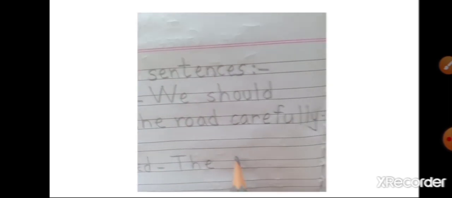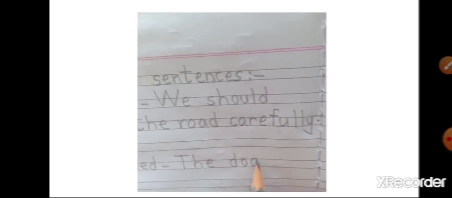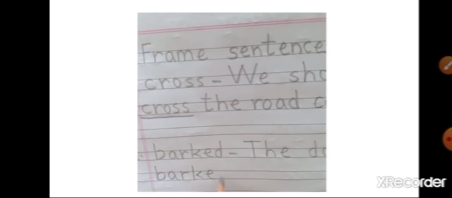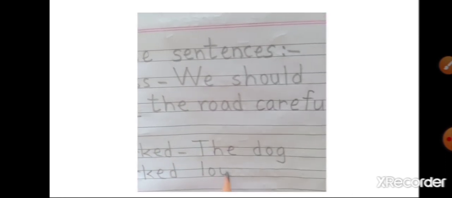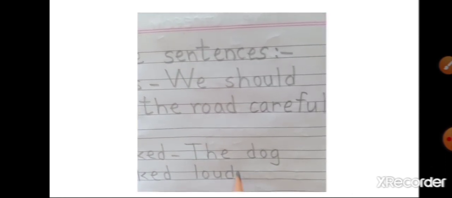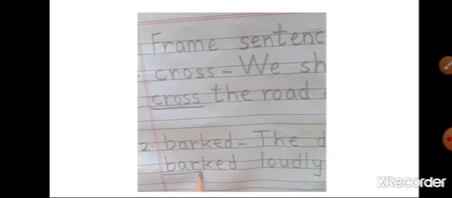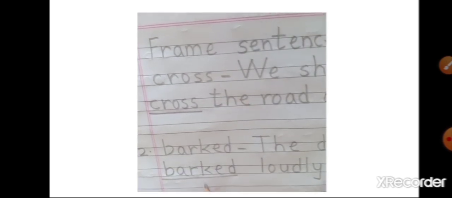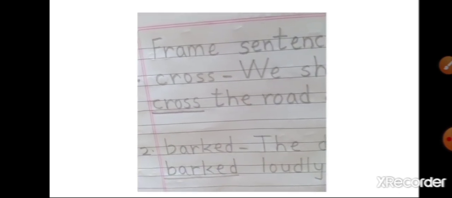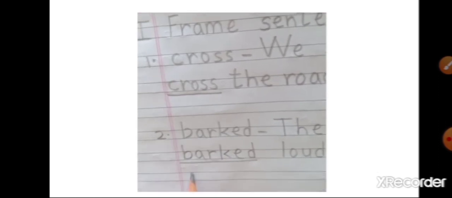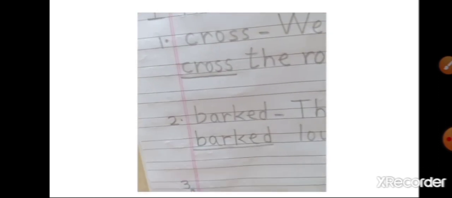The dog barked loudly, LOUDLY, loudly, and underline the word barked. It shows you have used the given word in the sentence. Now leave one line and write number 3.